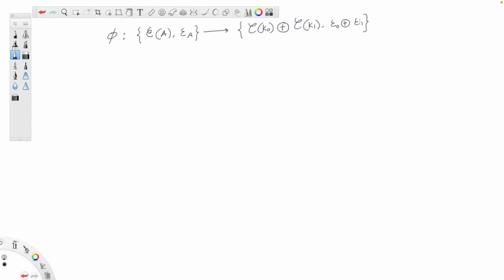So this is a chain map between the augmented chain complexes. This is a claim, we are going to prove it, okay?